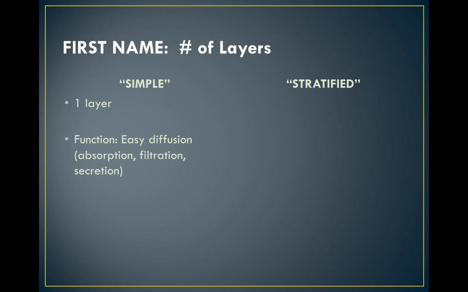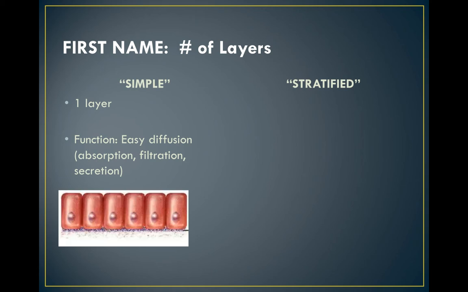So these lead to the functions that we saw before of absorption, filtration, and secretion. Here is a picture of 1 cell layer thick. Here's that basement membrane below, but 1 cell layer. So whatever this tissue type is, its first name would be called simple.